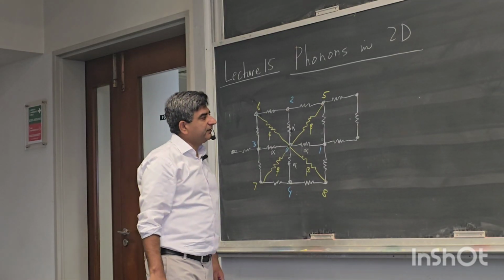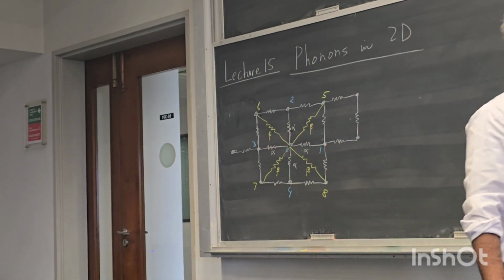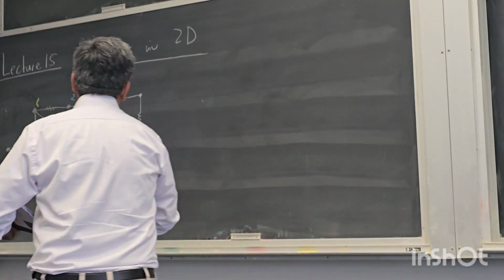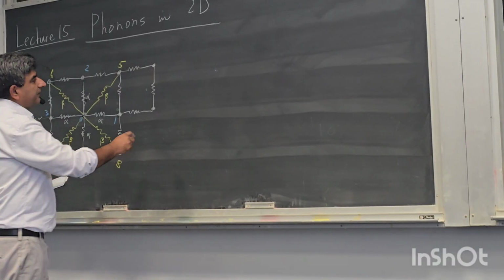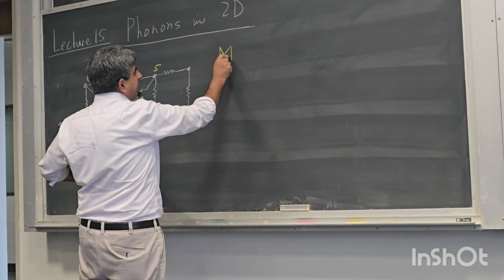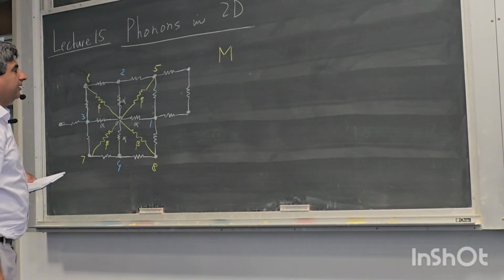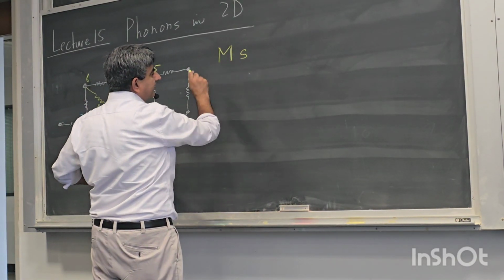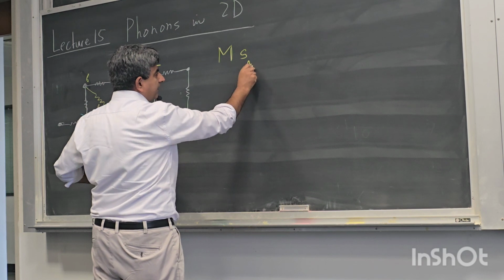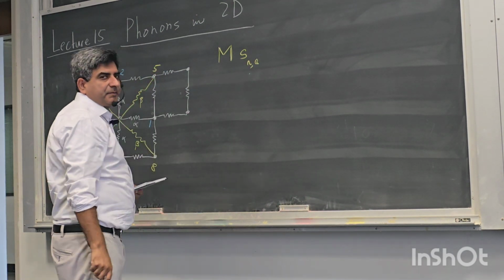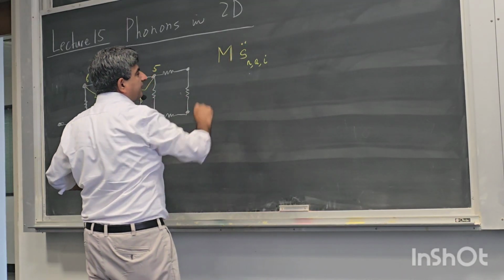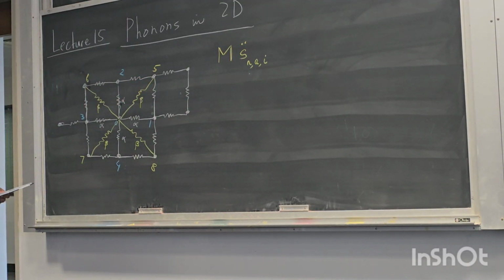Now in our previous lectures we've already looked at equations of motion. So we do know that if all of these atoms have an identical mass m and the displacement of each atom from its equilibrium position is s, for the nth atom, the Ath atom inside the basis, along a direction i, the double derivative of this displacement needs to be equal to a force.